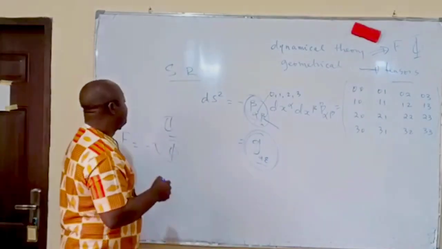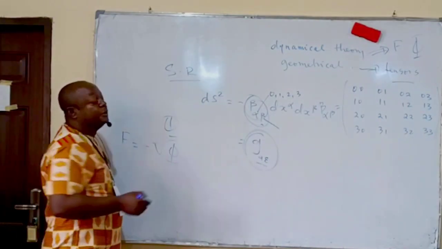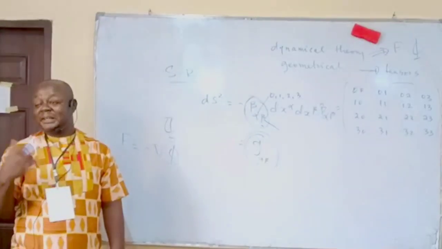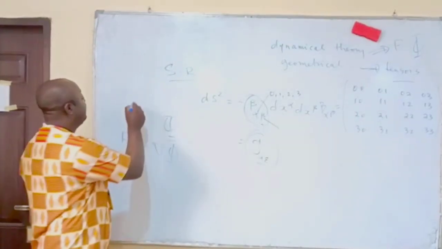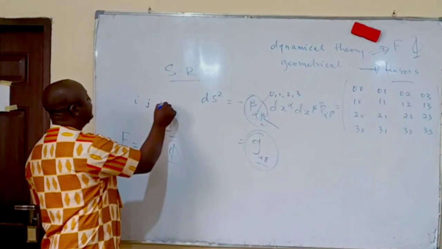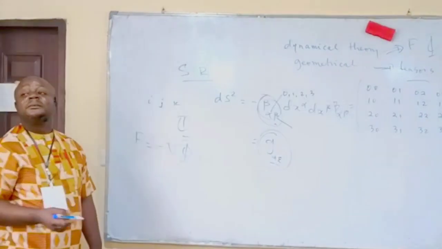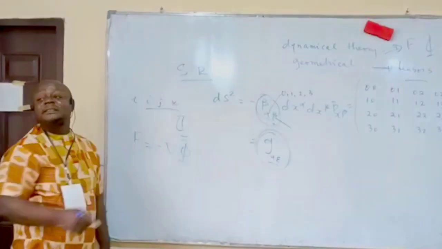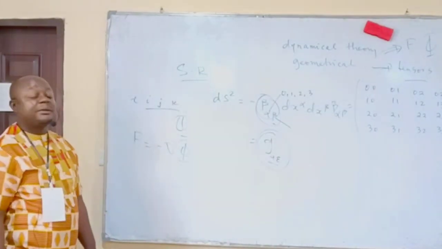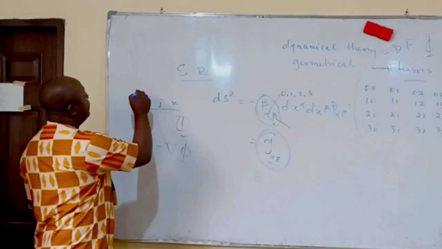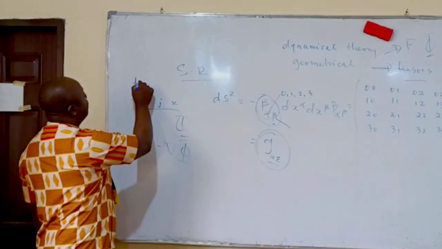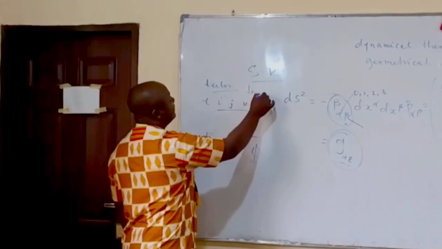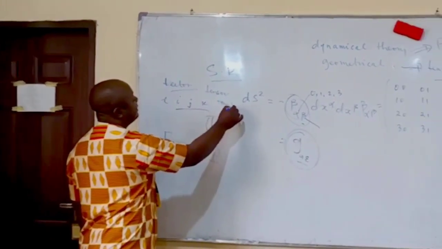You know a vector has how many components? 3 components. You have I, J, K. These are space components. You can add a time component to make it 4. So we call a vector, to an extent, a tensor of rank 1.